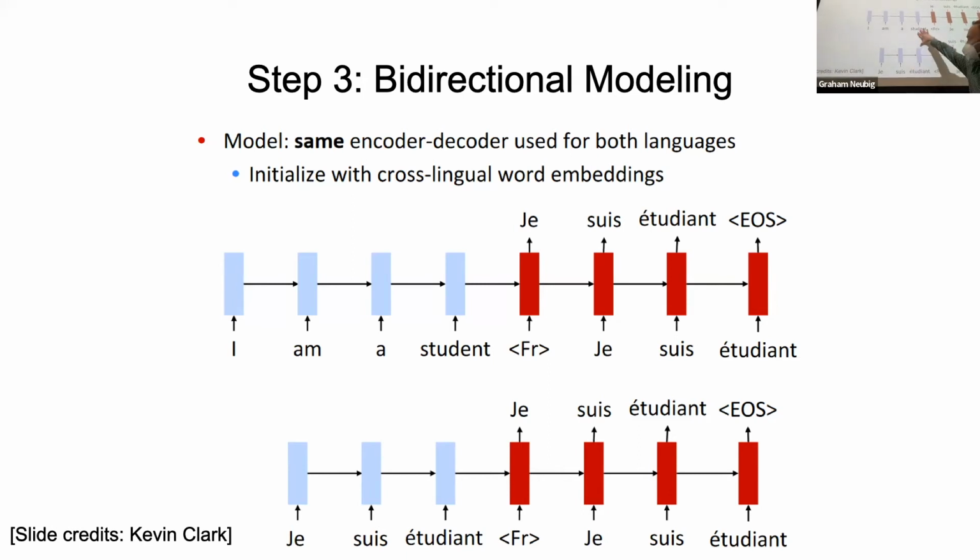But because these input embeddings are initialized with bilingual, coordinated embeddings, the inputs look very similar. I know I want to generate French. So if we just train on this auto-encoding objective in the bottom, which we can do for monolingual data, it nonetheless learns how to translate, is the hope and dream.